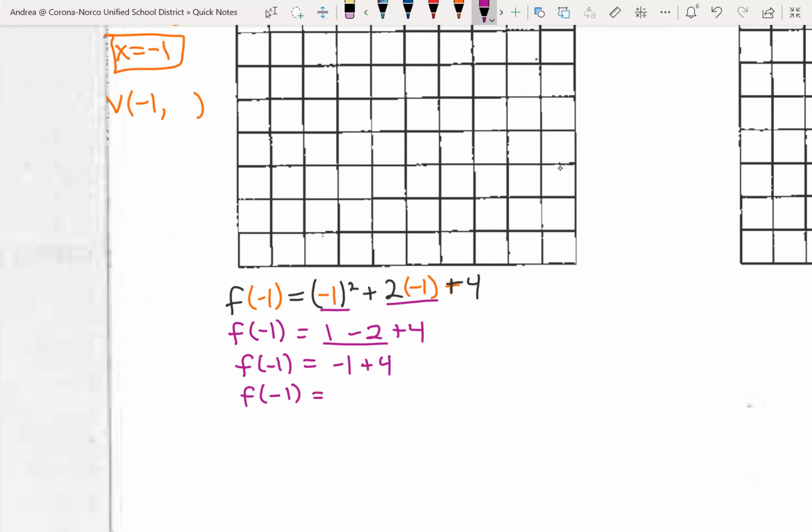Negative 1 plus 4 is what? 3. Thank you, for those of you who are fixing my random mistakes. Paying attention, I love it. Okay, so our vertex now is when x is negative 1, y is 3.